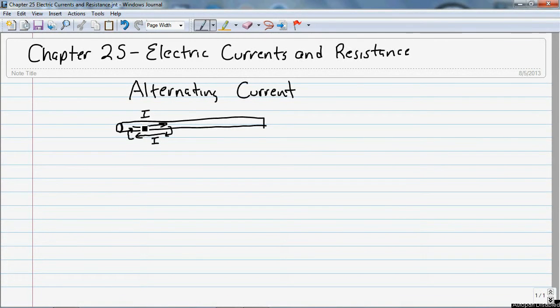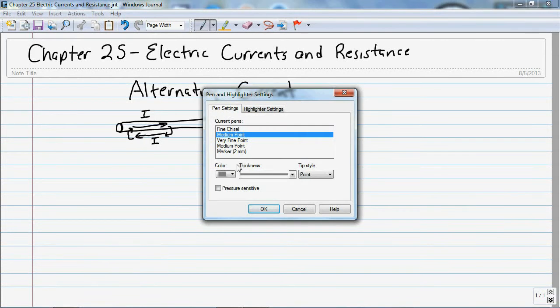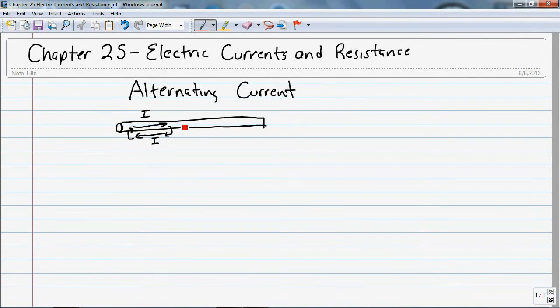And the charge doesn't really move, it just keeps oscillating back and forth. If I have my red pin here to represent a charge, it's just bouncing back and forth. It's not really going anywhere, just kind of sticking there.